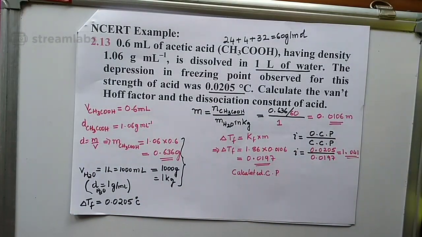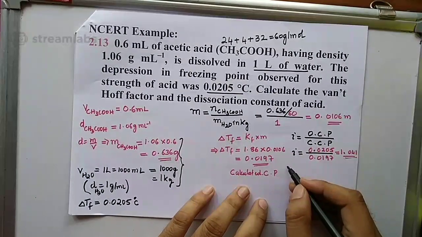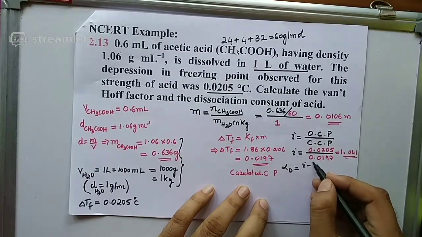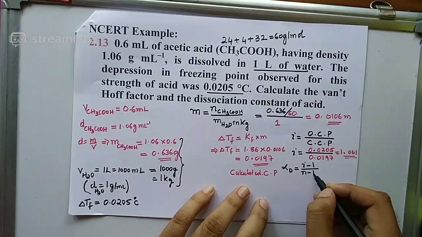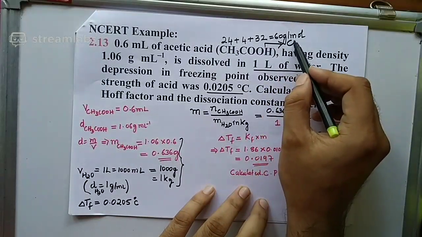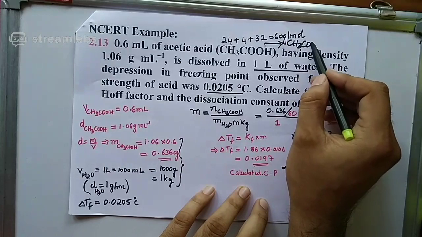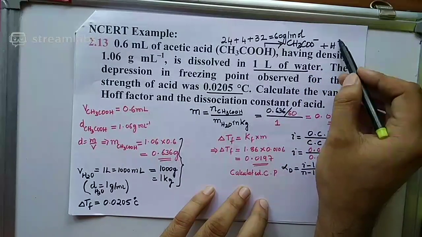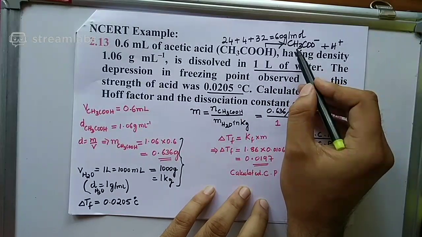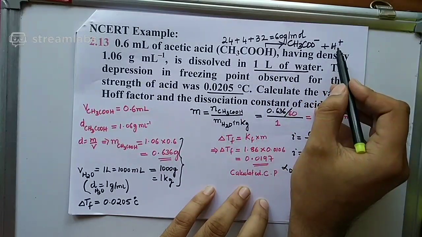Now we can calculate the value of alpha. Since it is dissolved in water, definitely it has to undergo dissociation. You know the formula for calculating degree of dissociation? Alpha is equal to i minus 1 divided by n minus 1. Acetic acid would dissociate to give CH3COO minus plus H plus. One particle of acetic acid dissociates to give one particle of acetate ion and one particle of H plus ion.